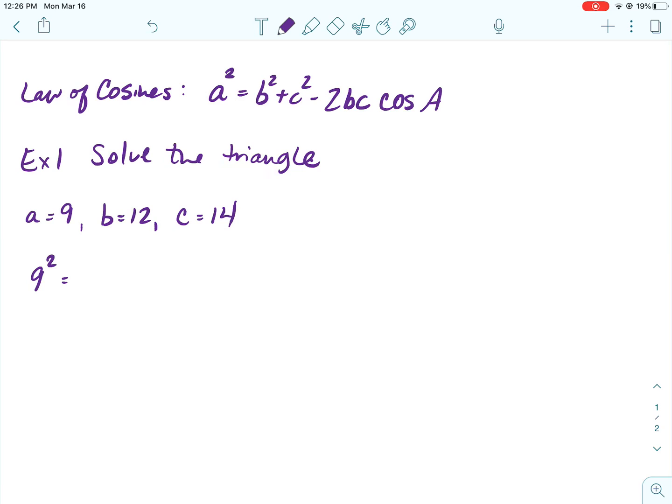So I'm going to take 9 and put it in for A. I'm going to take 12 and put it in for B, and 14 and put it in for C. Now the 12 and the 14 have to go multiple places.